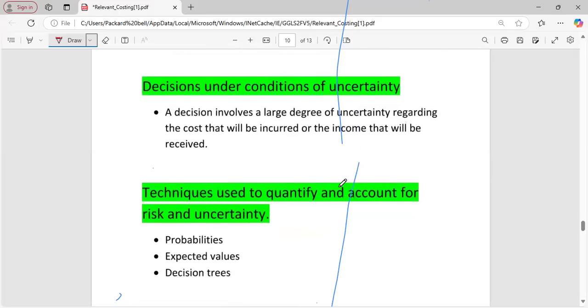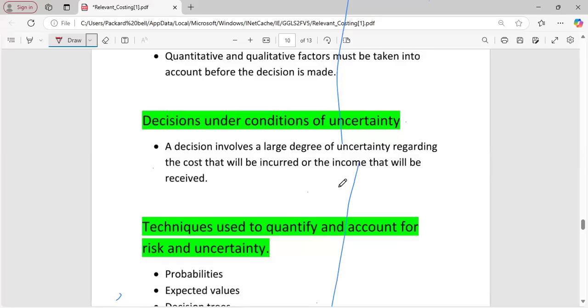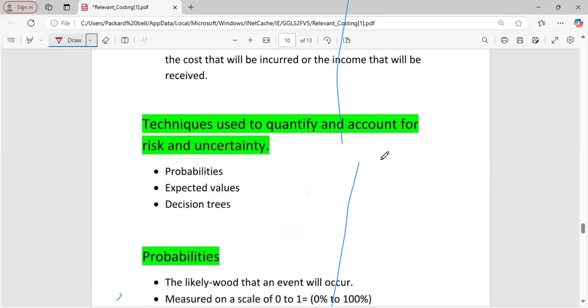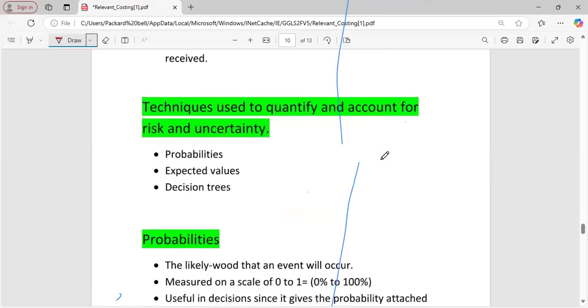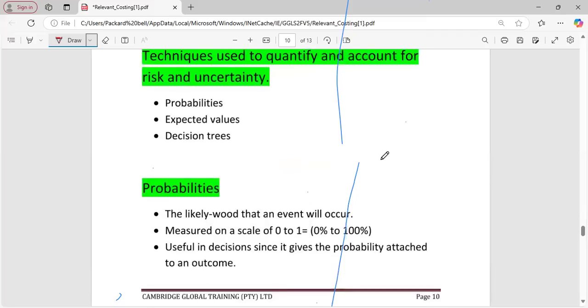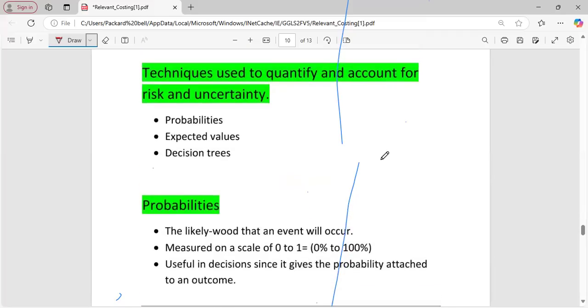Remember, what we were doing were decisions under conditions of certainty. Now we are doing probability and uncertainty. You check in your next, 2601, there's a full topic for probability. When you are doing decisions under conditions of uncertainty, you can use probability, expected value, decision trees.